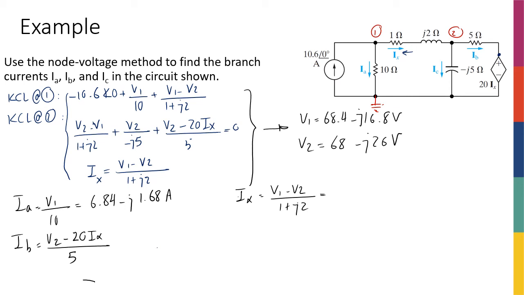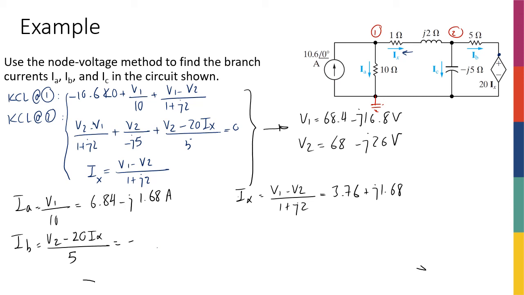I have V1 and V2, and I have 1 plus j2. If I use my calculator, I'm going to get 3.76 plus j1.68. Now that I have Ix, I can plug in the value of Ix, plug in the value of V2, and divide everything by 5.